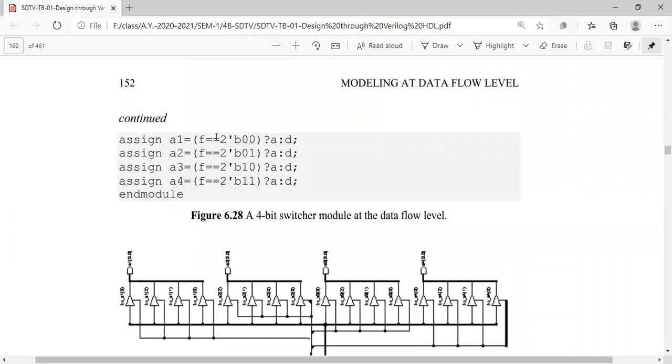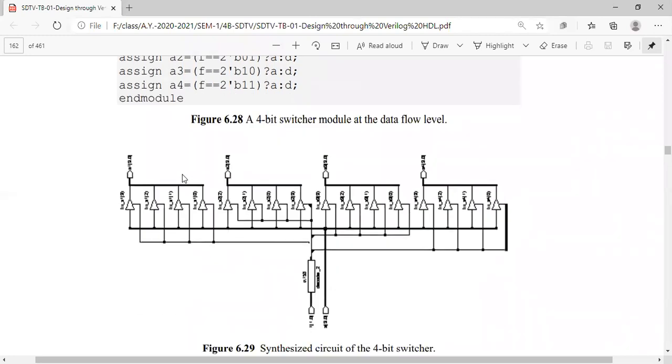So if f is 0 0, the 2-bit binary 0 0, if this works, f is equivalent to this, the value of a will go to a1. If not, d has to go there, right? Likewise for the rest of the operations also, right?